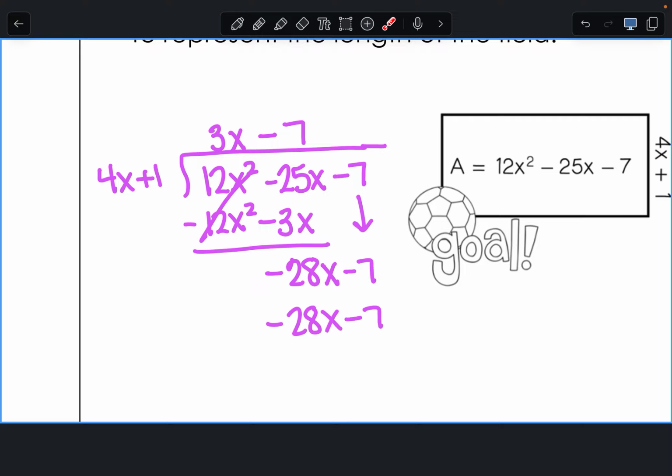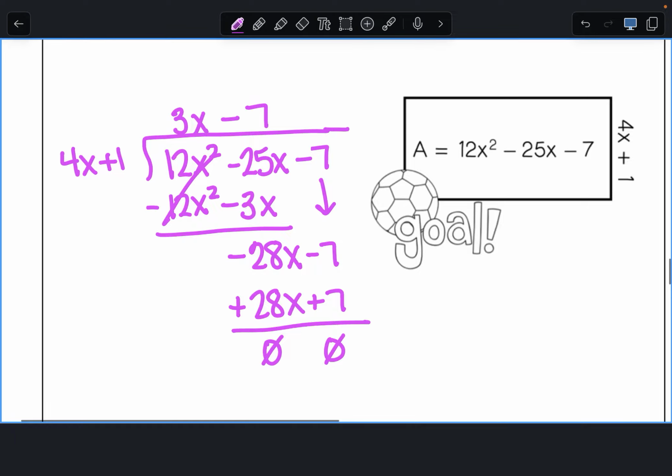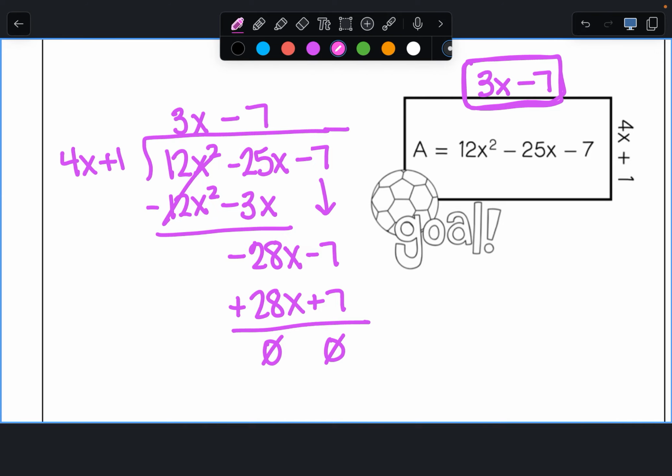Okay. Now we change both of these to the opposite, which both are going to become positive. So plus, plus. And they both cancel out. They both zero out. So the length is 3x minus 7. Questions?